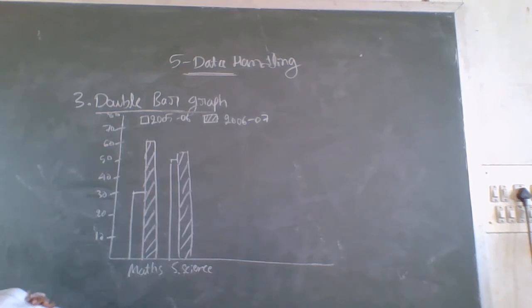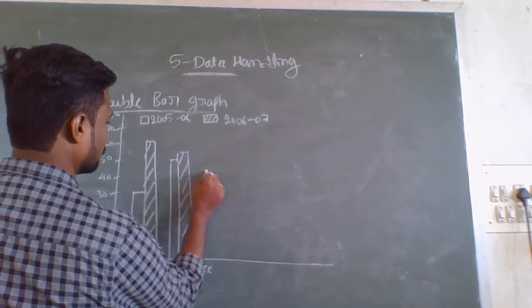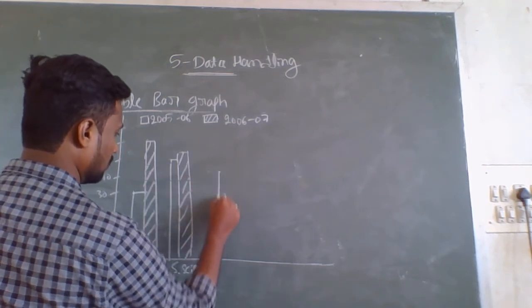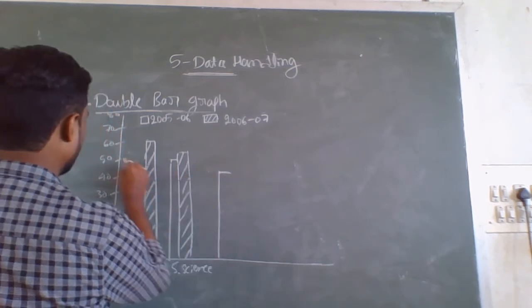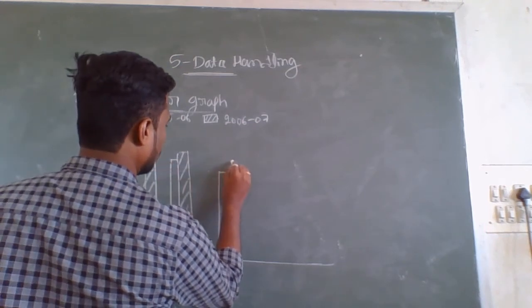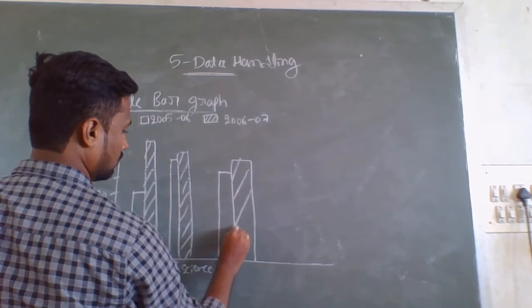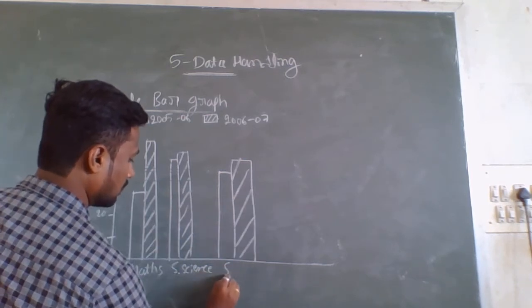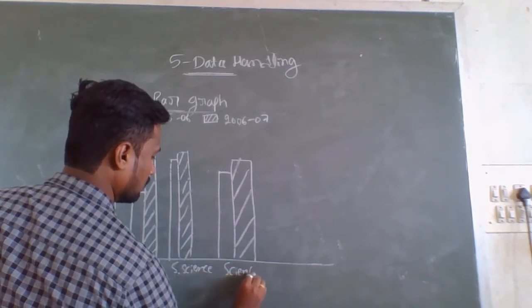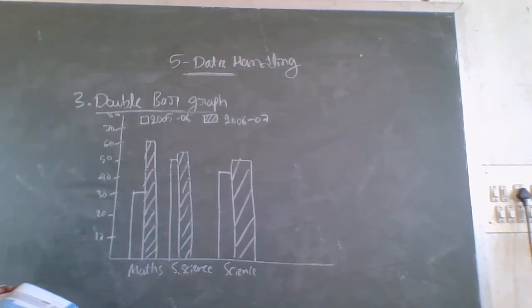Next, science, that is 45 and 50. This is science. Next, English.